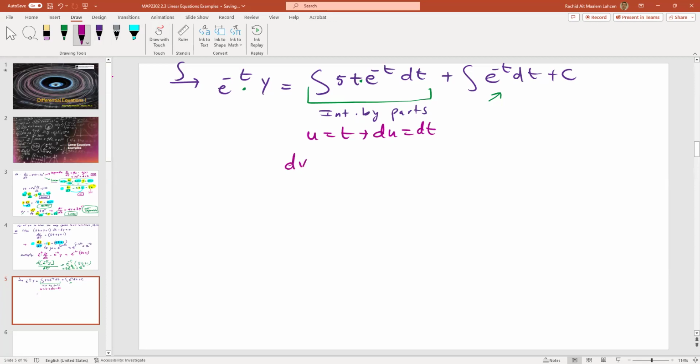Then dv is e to negative t dt, which makes v negative e to negative t. So if you differentiate this, you're going to get this.